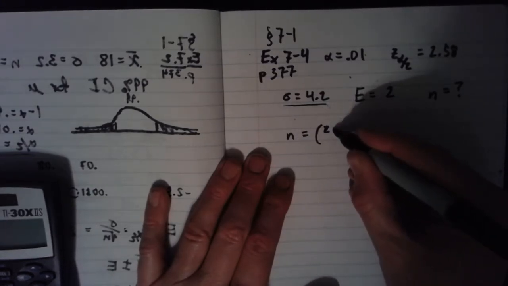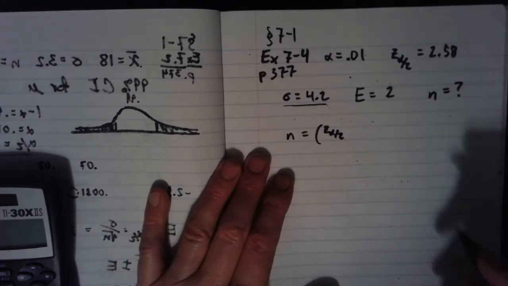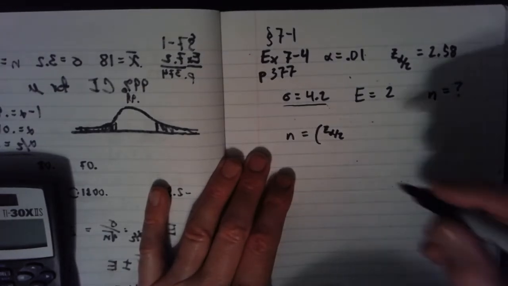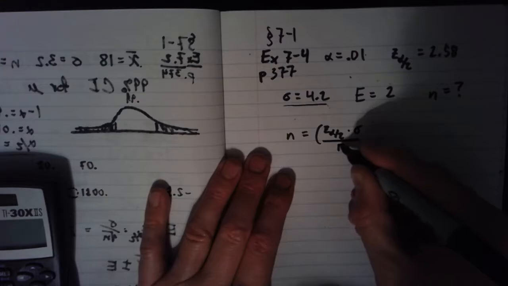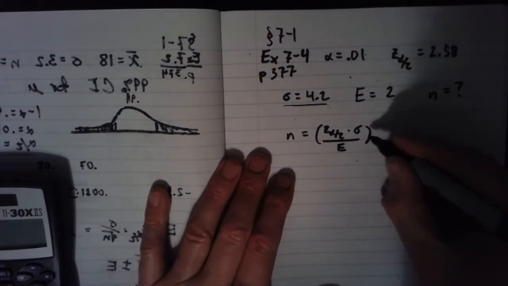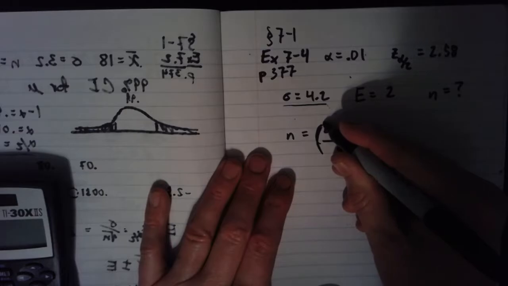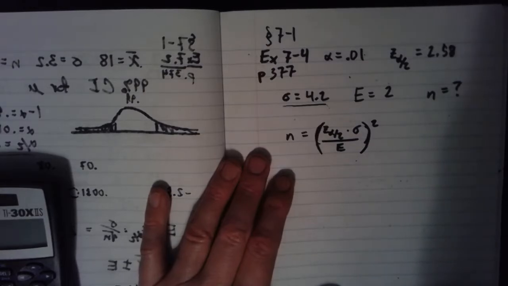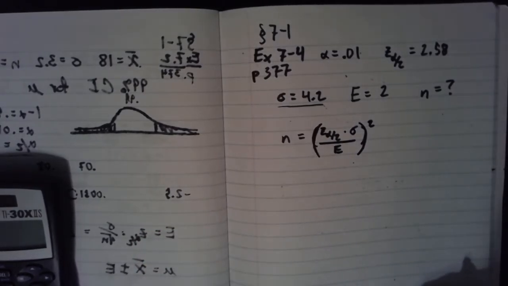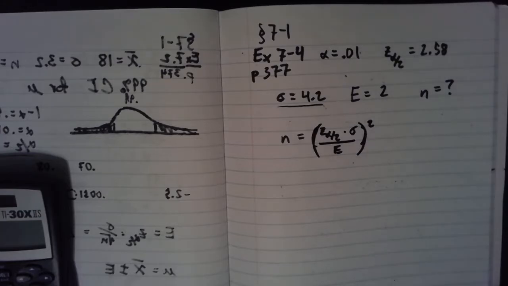So this formula rearranged becomes z subscript alpha over 2 times sigma, all of that divided by whatever the margin of error is, and then that whole thing is going to be squared. Okay, so we won't go into the derivation of that, other than I'll say that that's just isolating n out of our original formula for the margin of error.